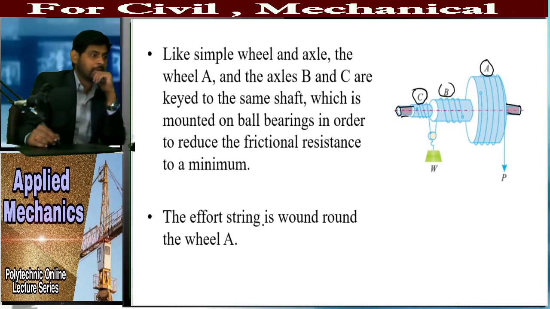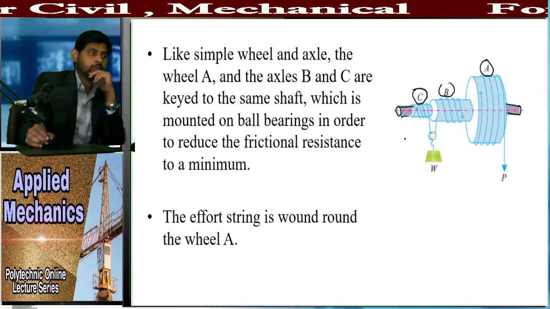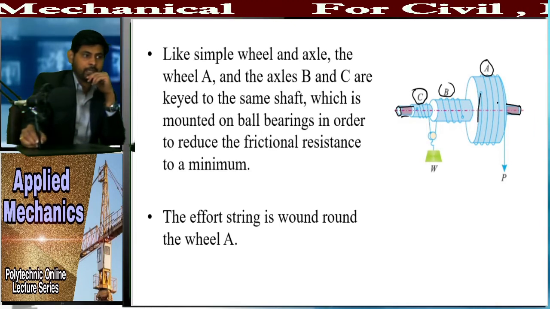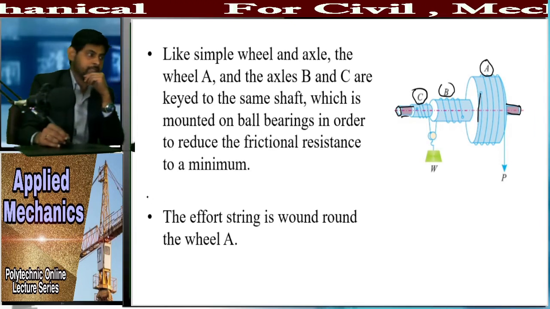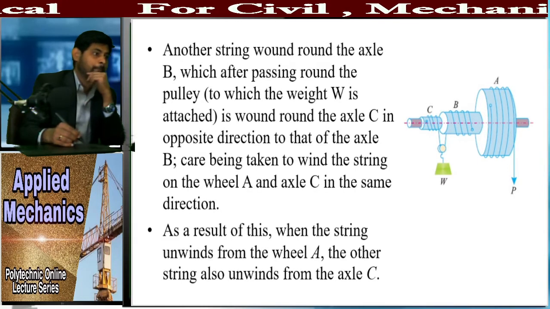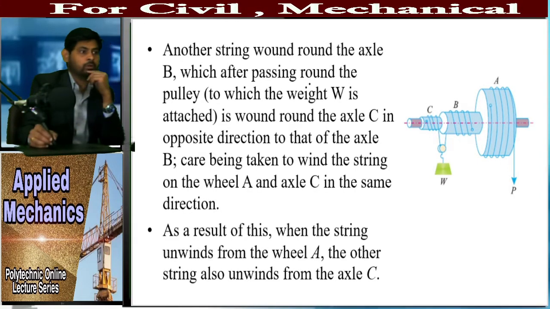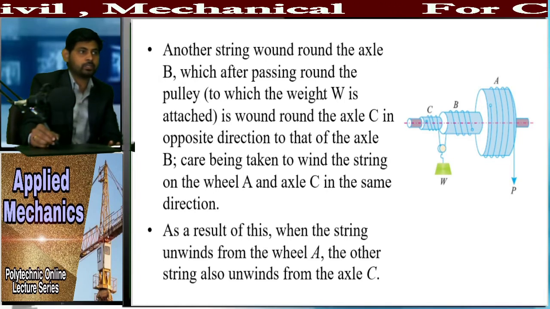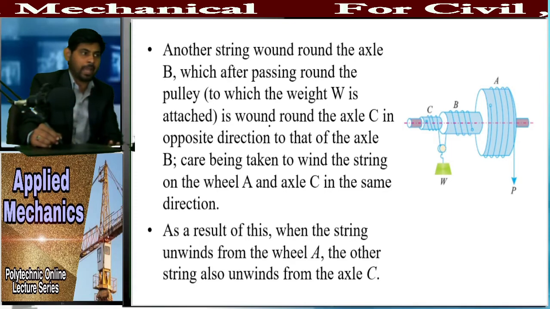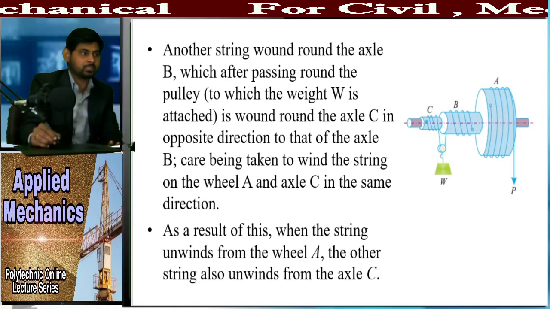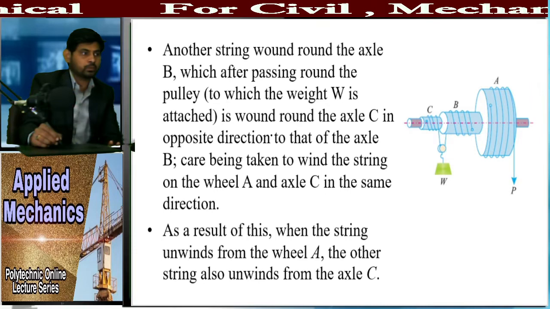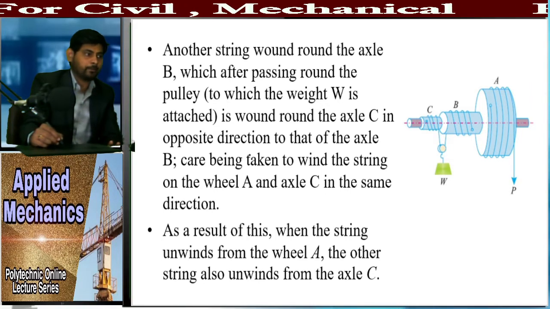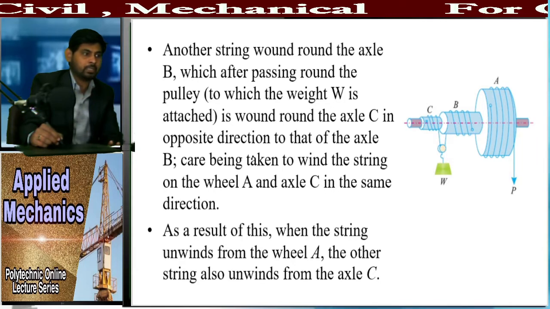After that, the effort string is wound round the wheel A. Here you can see these strings are wound on wheel A, that is our effort string. Now another string is wound round the axle B, which, after passing round the pulley to which the weight W is attached, is wound round the axle C in the opposite direction to that of axle B. Care is taken to wind the string on the wheel A and axle C in the same direction.